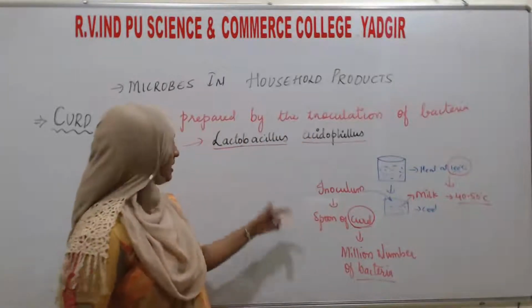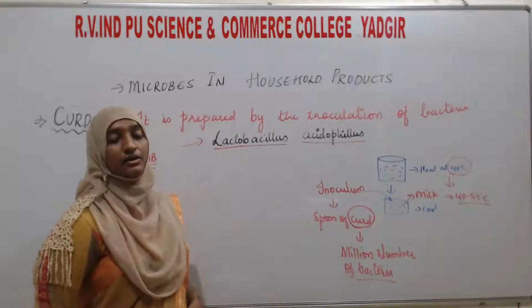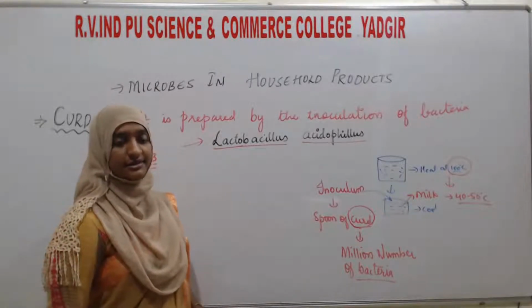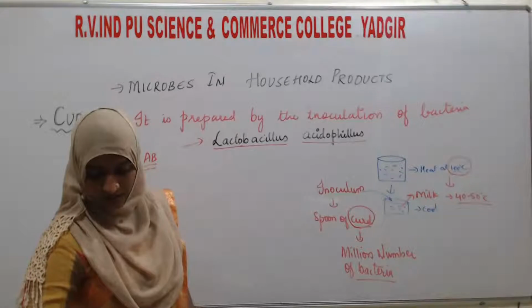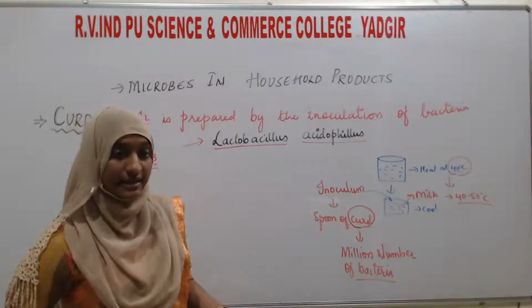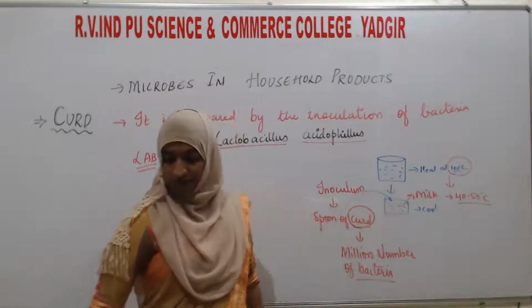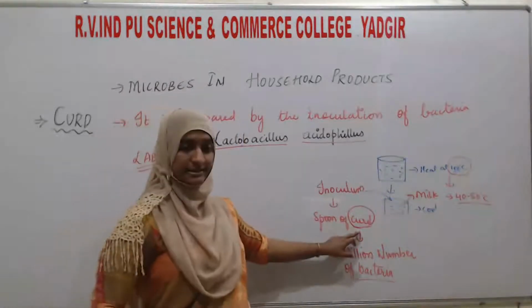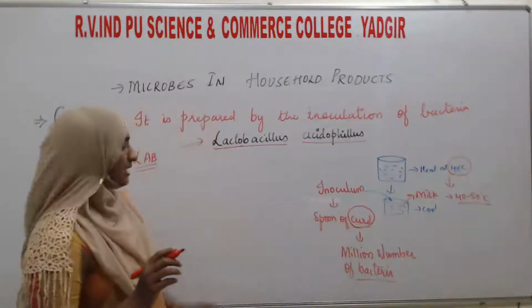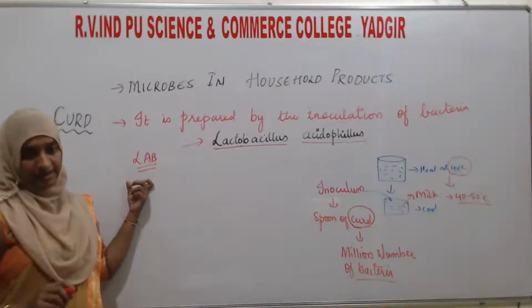And which are the bacteria? The bacteria are Lactobacillus acidophilus. So after adding a spoon of curd into this milk, the bacteria present in this curd are the lactic acid bacteria.